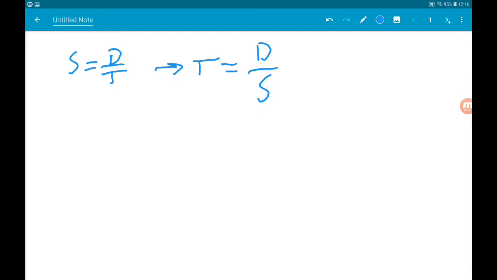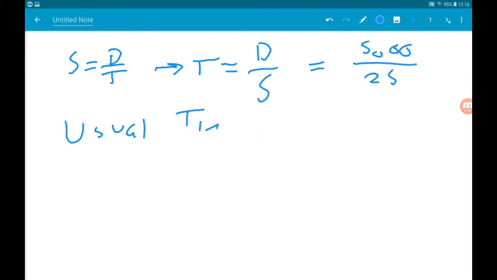Now, our total distance is 5 kilometers, so 5,000 meters. Our speed is 25 meters per second, so we want to do 5,000 divided by 25, and that gives us our usual time is 200 seconds.